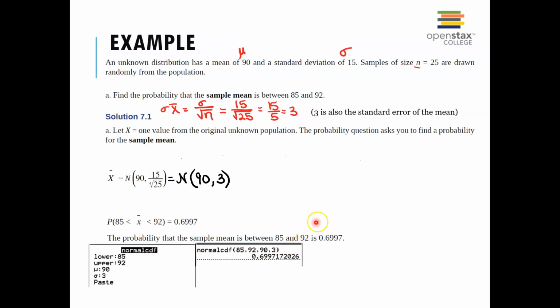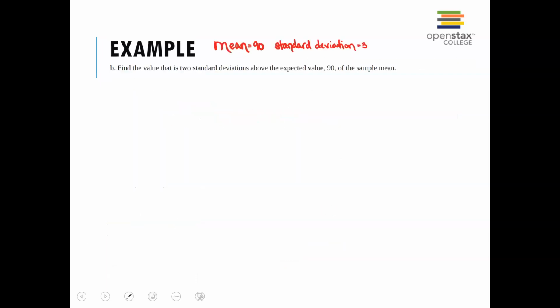So you can see that the probability that that sample mean is between 85 and 92 would be 0.6997.